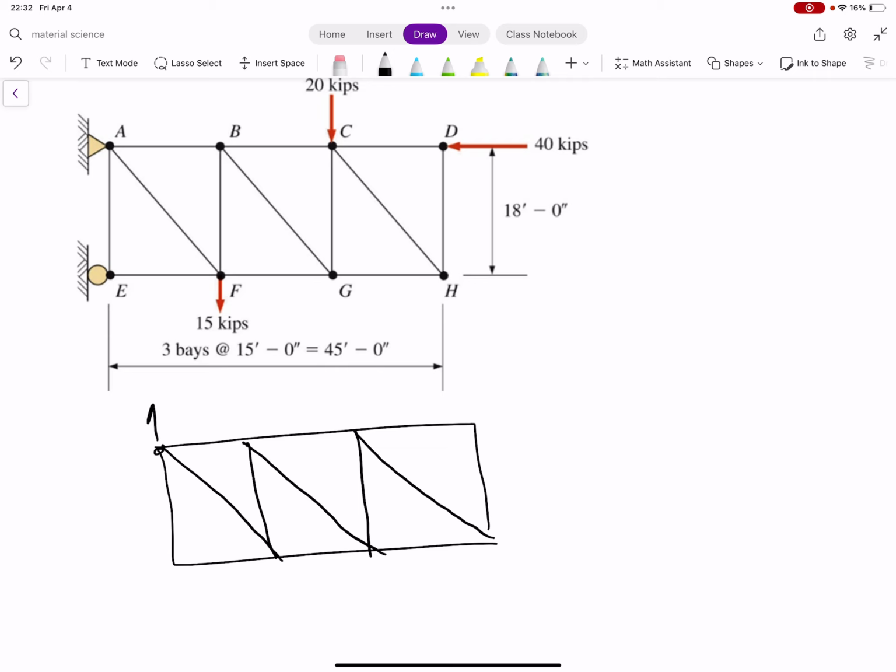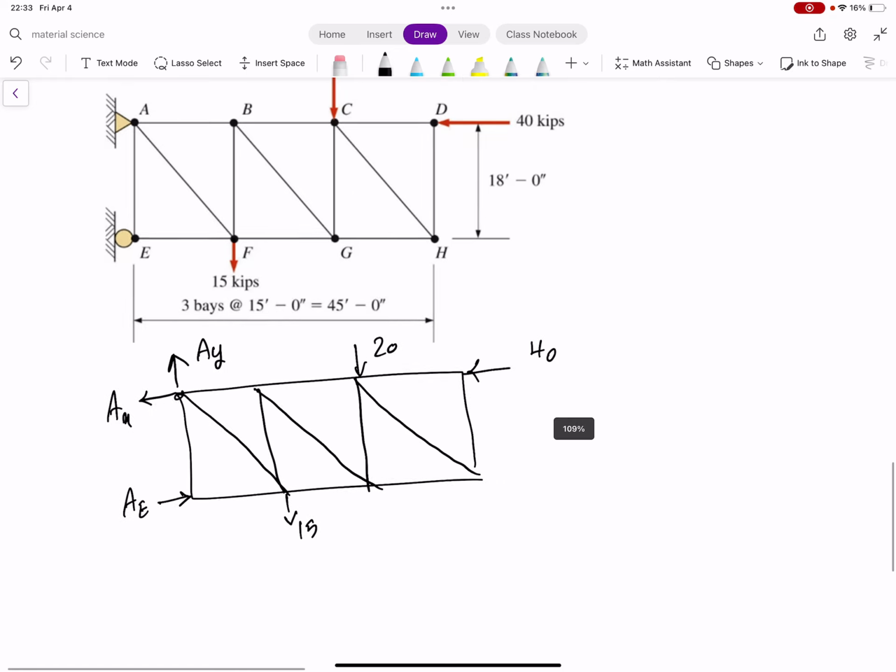I'm going to draw this direction, this AY, AX, this is my EX. 40 kips, this one is 20 kips, this is 15.